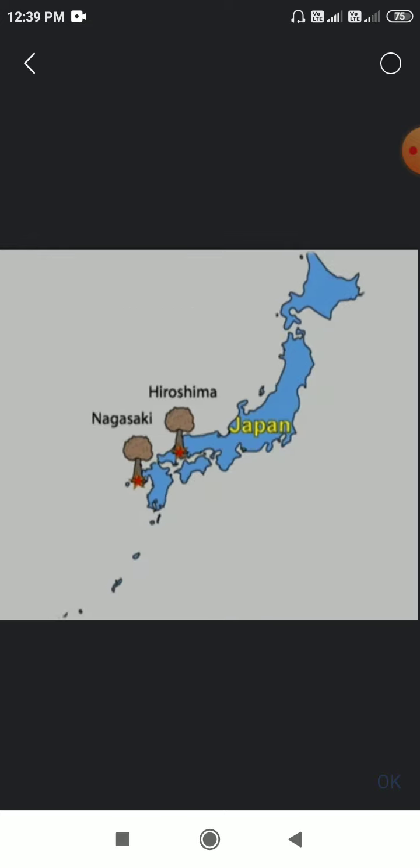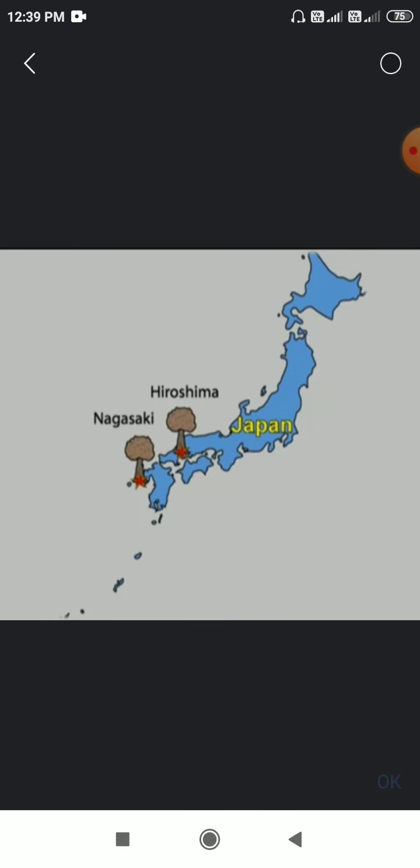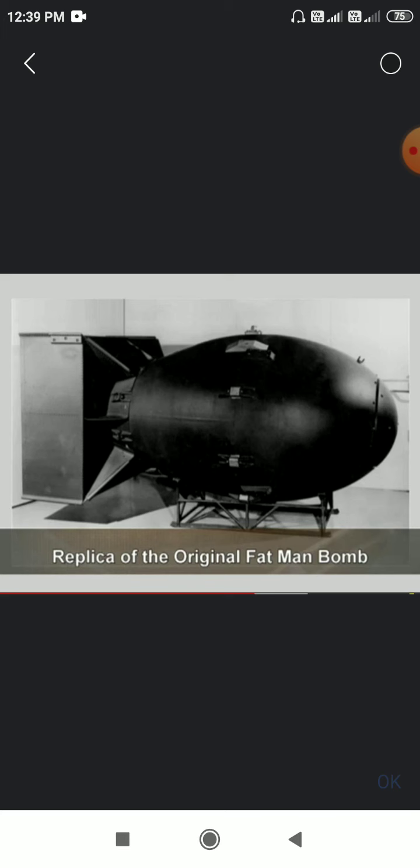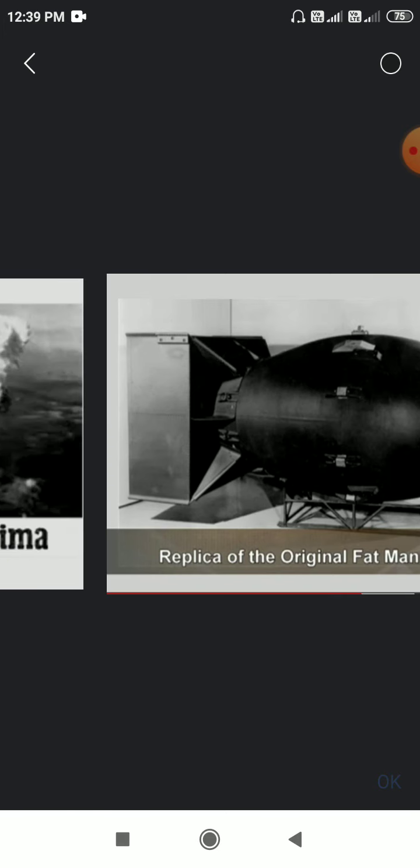Here is the map of the two cities, here is a replica of the Little Boy atomic bomb, and here is another replica of the original Fat Man bomb, which was dropped on the Japanese city.